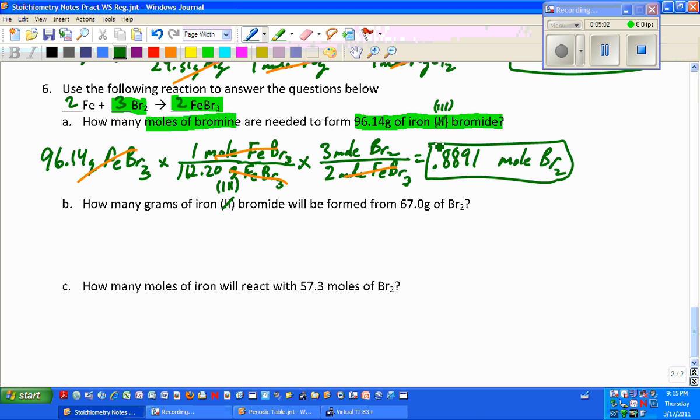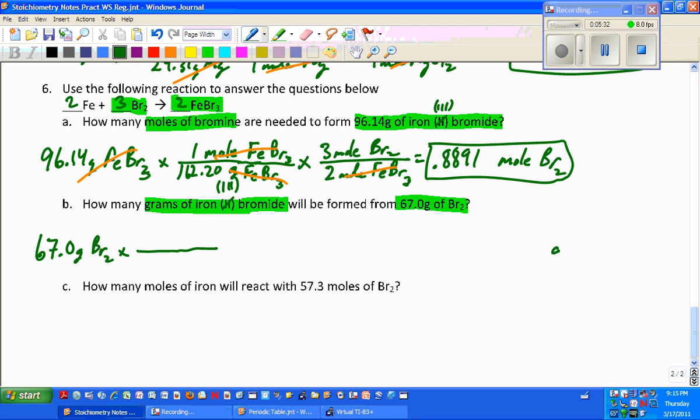Part B, how many grams of iron 3 bromide will be formed from 67.0 grams of bromine? This is a mass problem. I'm going to start with 67 grams, and I'm looking for so many grams. So I'm going to go ahead and write down my given, 67.0 grams of bromine.